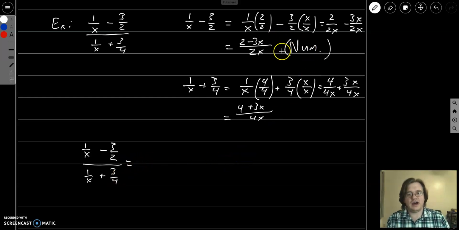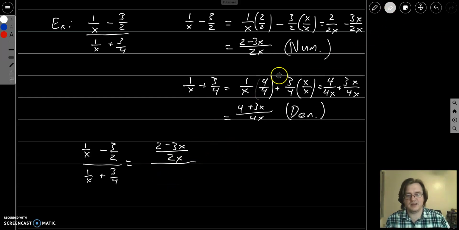And now I've simplified the numerator and the denominator. So the numerator is just 2 minus 3x over 2x. The denominator, I should use my simplified version. So this is going to be 4 plus 3x over 4x.